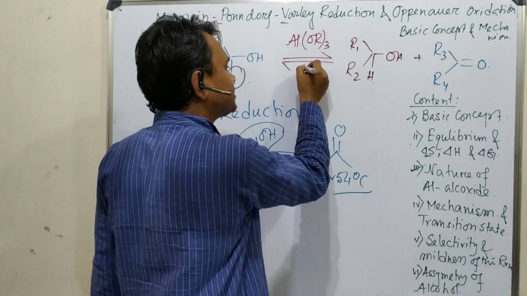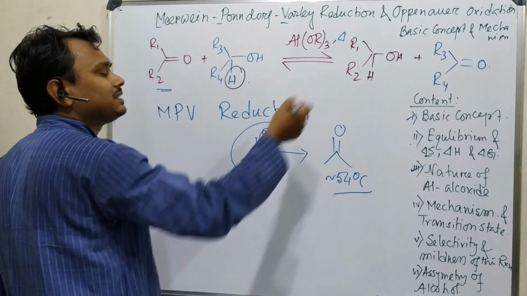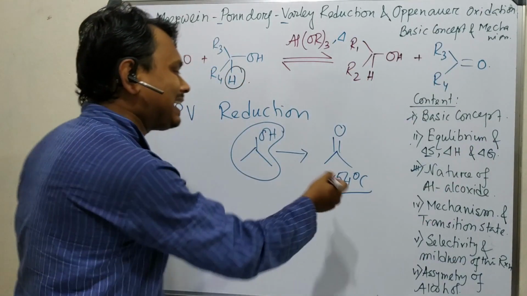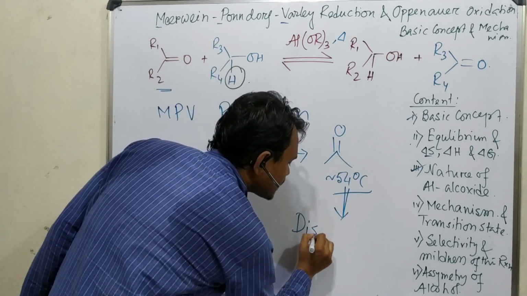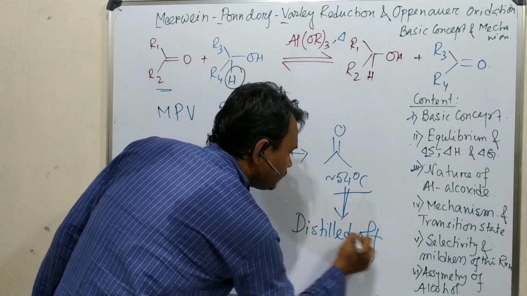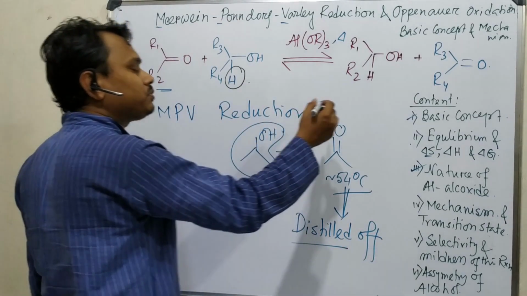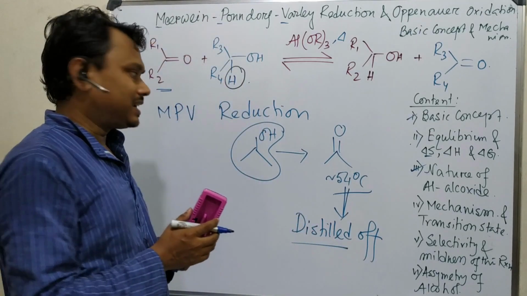So if you heat, you can expect that this will go and be distilled off. If we distill this off, then equilibrium will shift according to Le Chatelier's principle. This is one strategy.